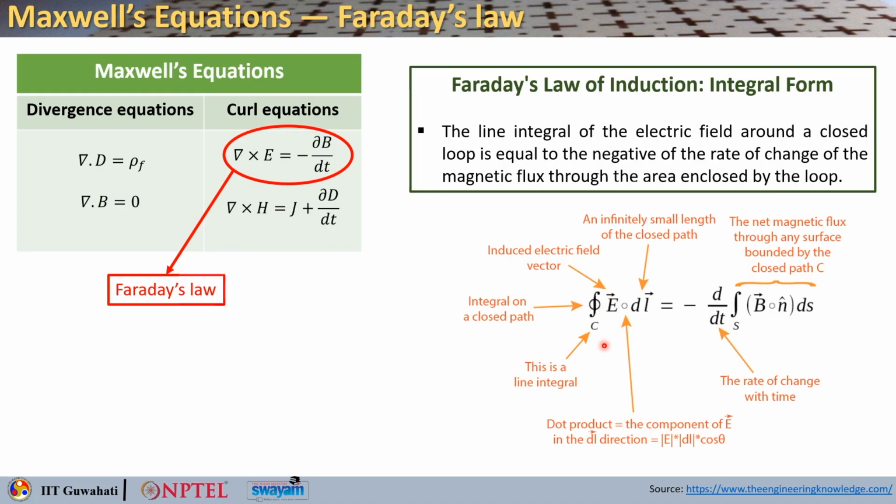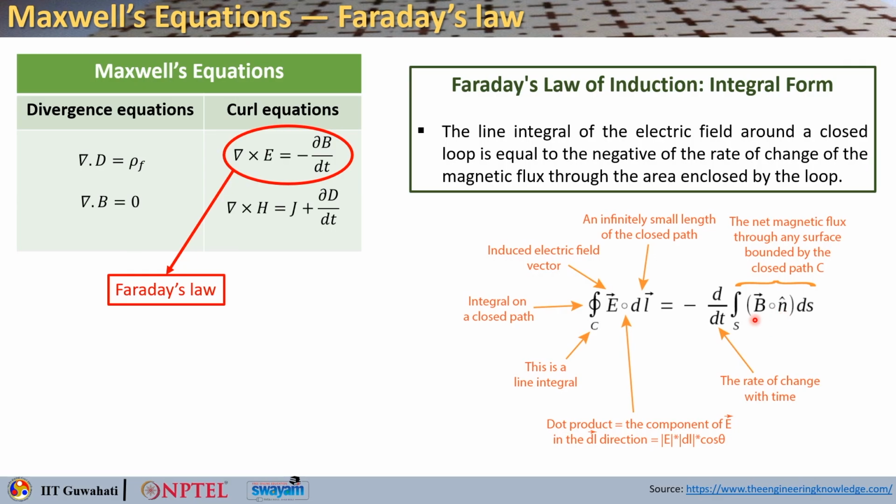Here you can see the line integral of the electric field around a closed loop. That is how the symbols are shown. The line integral of the electric field around a closed loop is equal to the negative of the rate of change of the magnetic flux.